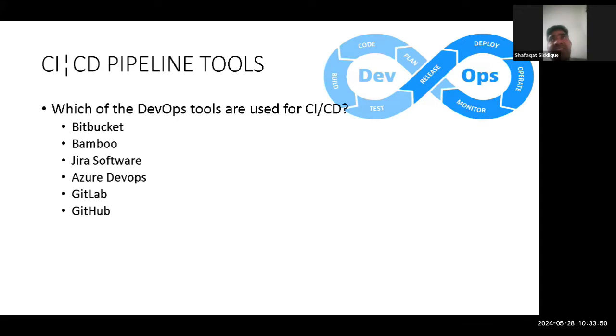If we talk about the CI/CD pipeline tools, I have just listed a few of them. There are many, more than 26, but I have just chosen a few. These are the top ones. These are the big names: Bamboo, Jira, Azure, GitLab, GitHub.